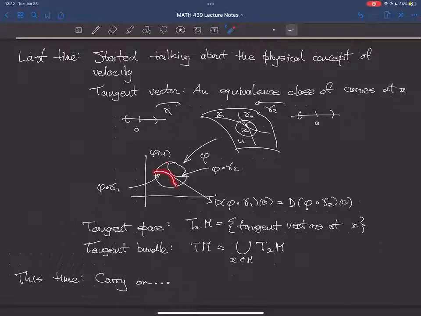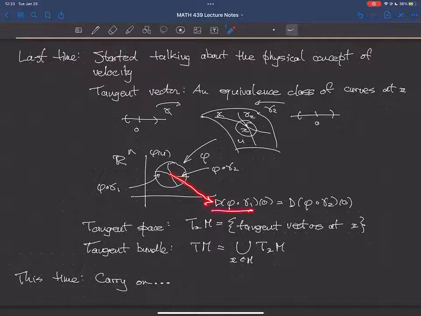When I represent them down here in Rn, these are things that we are comfortable with. These are curves in Euclidean space, and so they have well-defined tangent vectors. If the curve passes through the point phi of x at time 0, which is what it meant to be a curve at x, then the velocity is just the derivative.